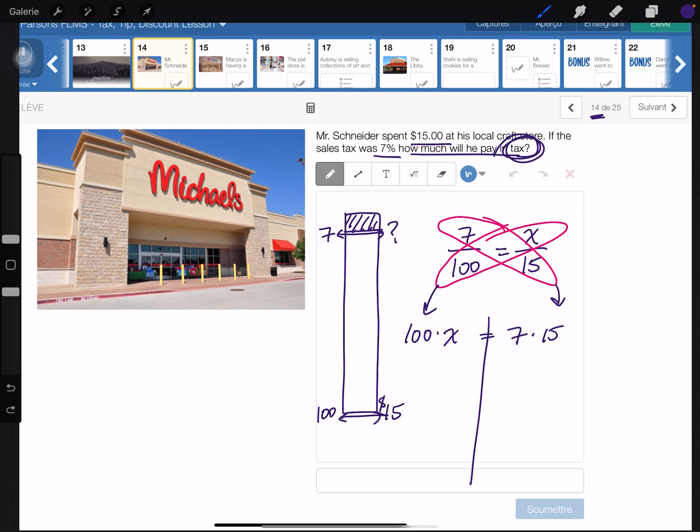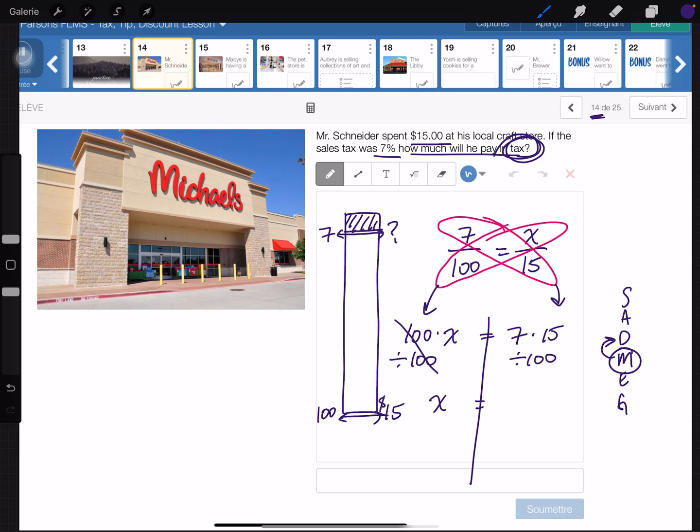If I'm confused, I can always use SADMEG. I look at what's happening on the left side, that's being multiplied. So I circle my m for multiplication, and I'm going to use the opposite, division, to get rid of that 100. I divide by 100.